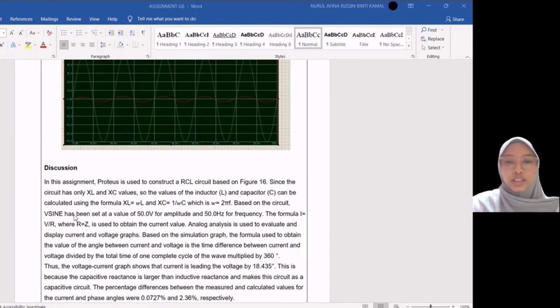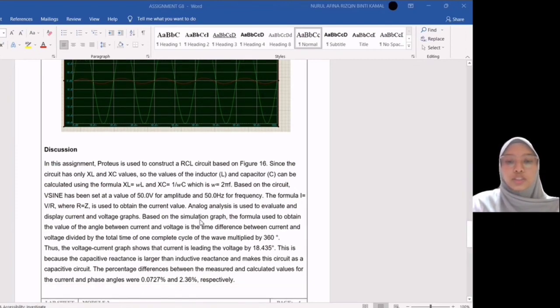Based on this circuit, the V sign has been set at a value of 50 volt for amplitude and 50 Hz for frequency. The formula I equal to V over Z is used to obtain the current value. Analog analysis is used to evaluate and display the current and voltage graph.